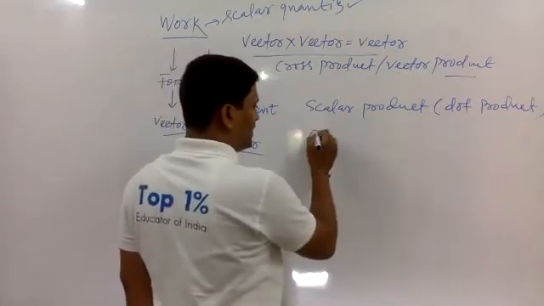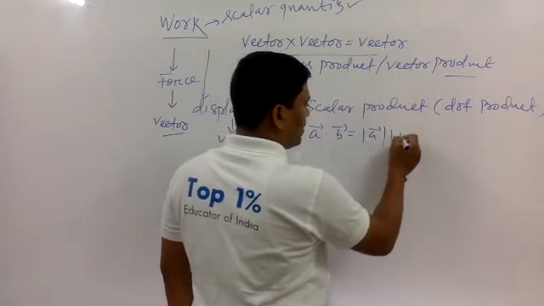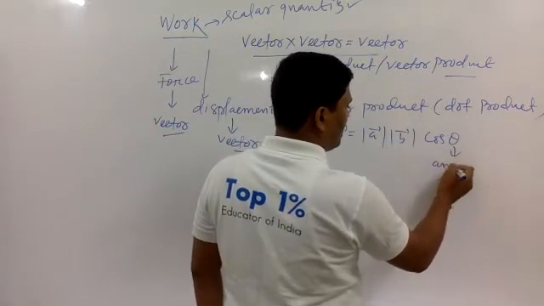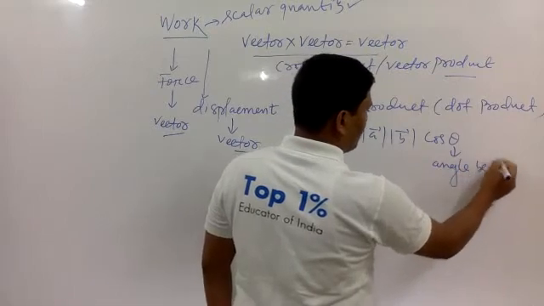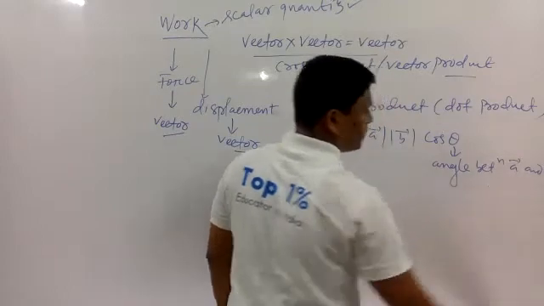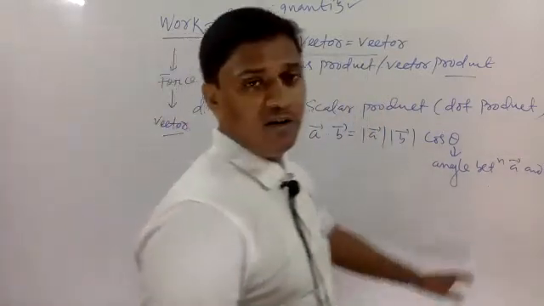When we have A vector dot B vector, that is the magnitude of A into the magnitude of B into cos theta. Theta is the angle between A vector and B vector. We have already learned those things earlier.